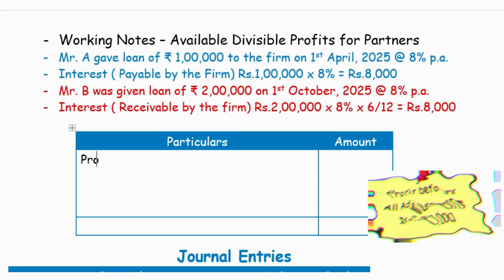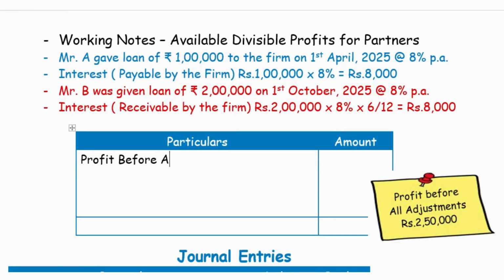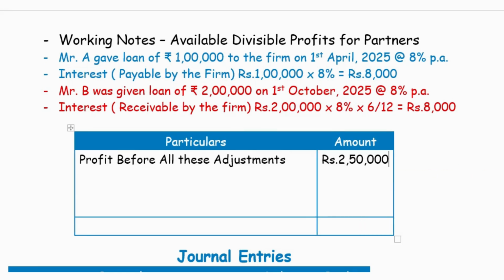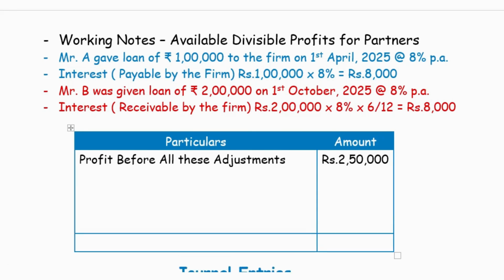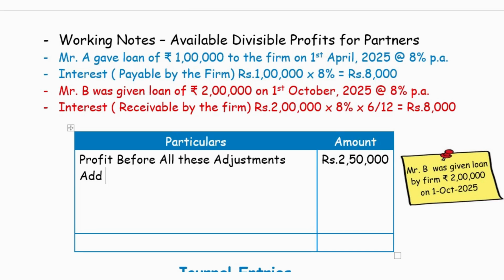And in the question we are given the profit before all these adjustments, which is 2,50,000, and we will add the interest receivable from the partner B. Interest receivable, because the firm has given the loan to this partner.